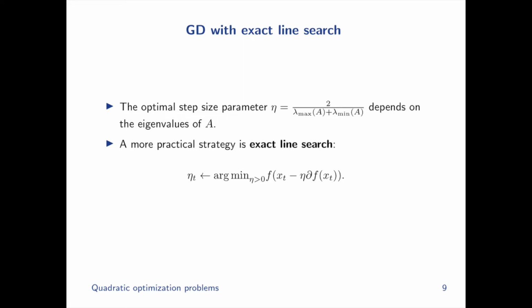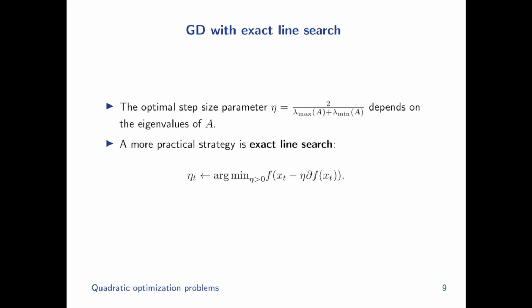In this case, we're going to look at a slightly more practical strategy, but still not very desirable. What we're going to do is use what's called an exact line search. So you're going to exactly optimize along this line. Meaning once I pick the search direction, now I'm just deciding where to move along this line, I effectively have a scalar optimization problem where the optimization variable is this step length, how far I'm going to move in this direction.